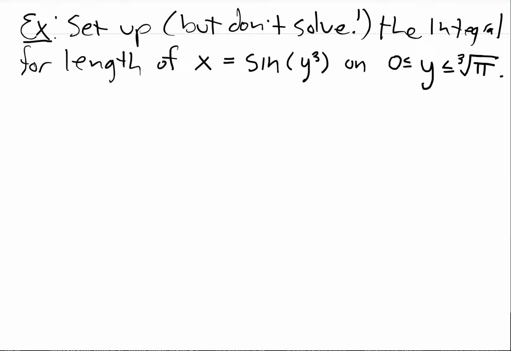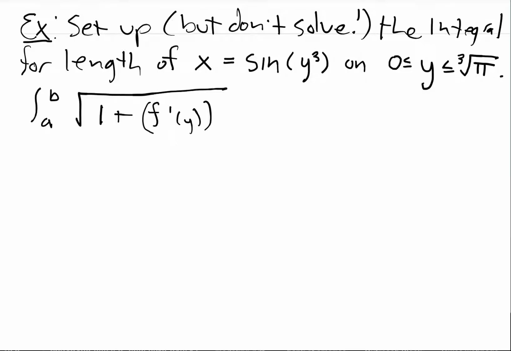If I give you x equals f of y on a y interval instead, well, the formula really doesn't change much. We're still integrating from a to b. You're still taking a square root of 1 plus a derivative. Here it's just f prime of y instead, and you're integrating with respect to y. So the only thing that's really going to be super different is we're working with y.